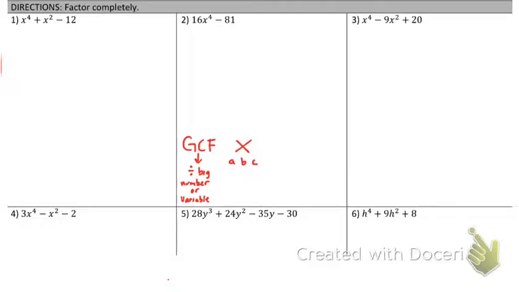So you'll have x to an even power. Your second term is going to have a variable, we'll call it x, to half of that power. It's pretty easy to see once you get it. And then your C is your constant, no variable, so it's just a number by itself.